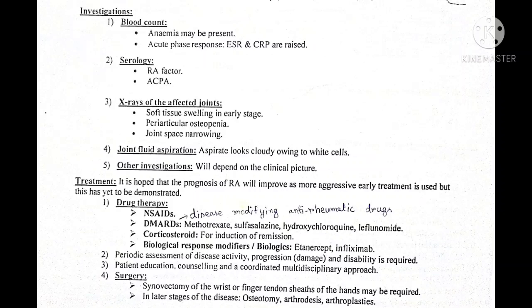Then surgery is done if needed, such as synovectomy of wrist or finger tendon sheaths of hands, and in later stages of disease, osteotomy, arthrodesis, and arthroplasties may be required.